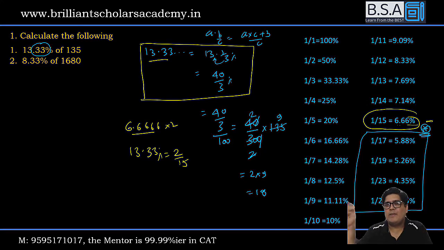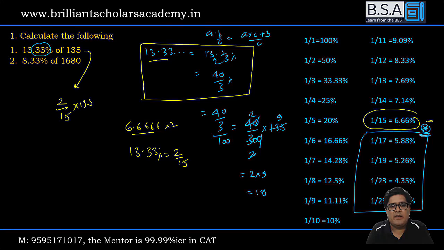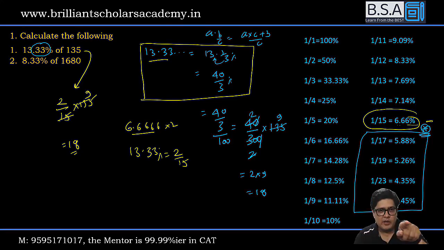So double of that is 13.33333 goes to infinity. This number basically is 2/15 into 135, cancelled 9 times. All exams, CAT, XAT, NMAT, all exams use these standard 15 percentages repeatedly.